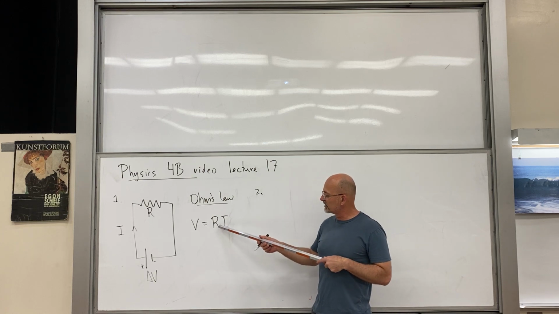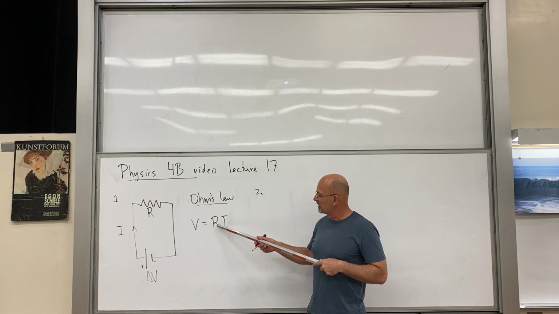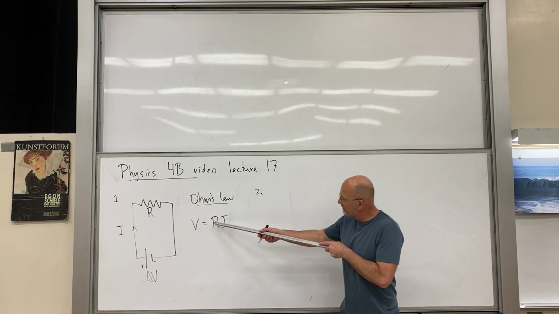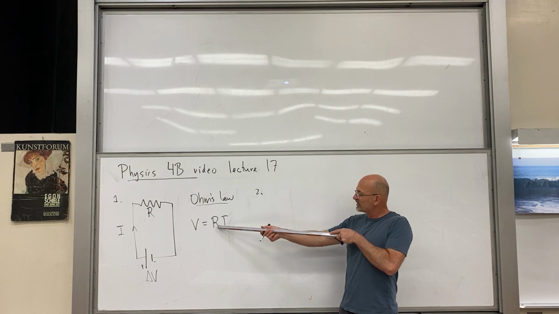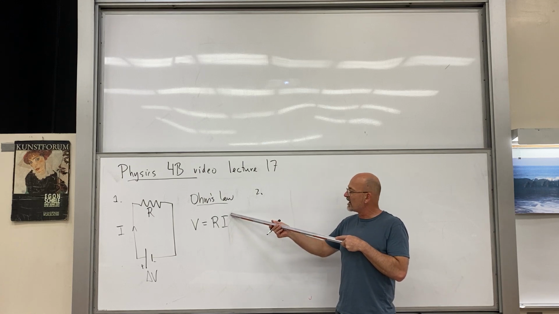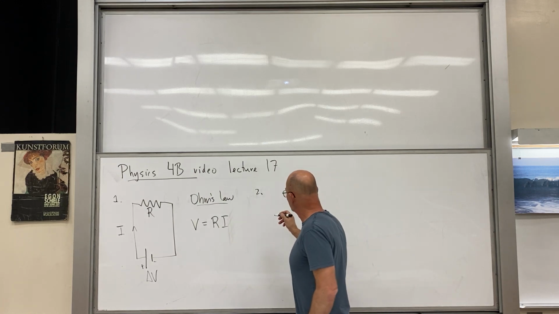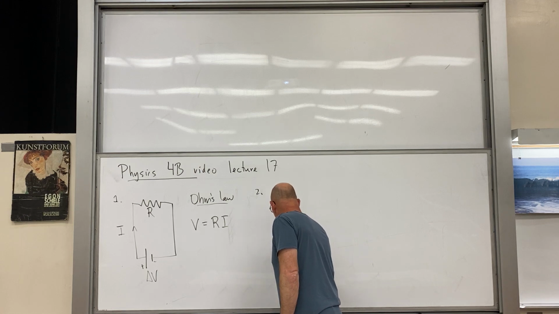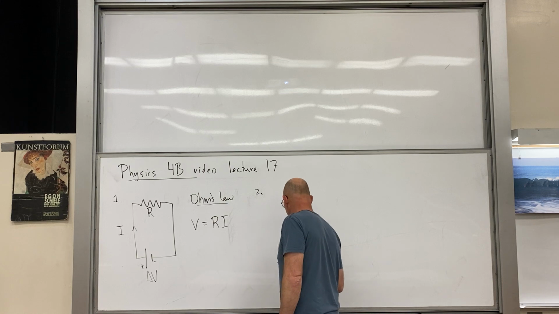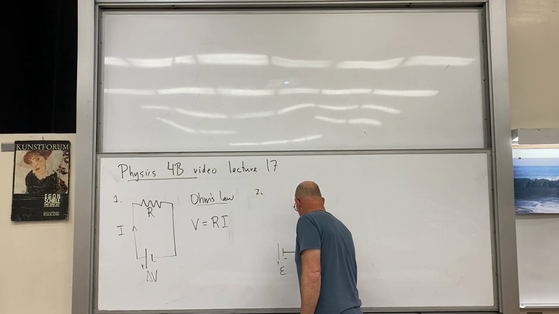For a given voltage, a sufficiently small resistance, and the current could grow without bounds. So in reality, we actually have a battery, and we label this E here, and it has an internal resistance.